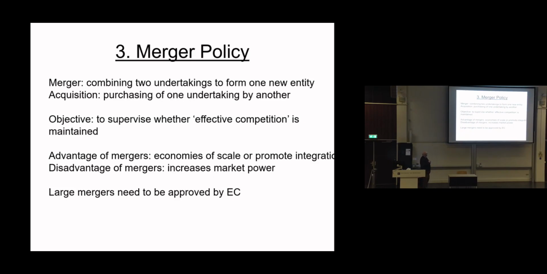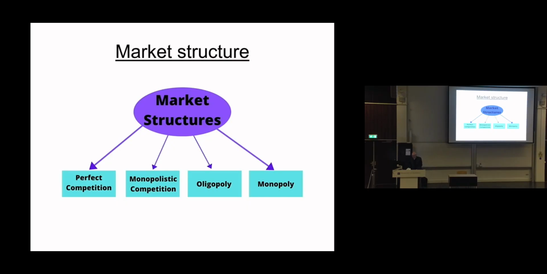And big mergers in the European Union need to be approved by the European Commission in order to see to it that they don't acquire too big a position, too much of a dominant position. And the interesting thing is, much of that depends on the market structure.